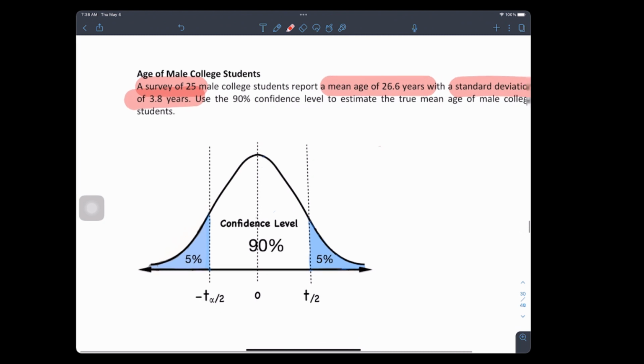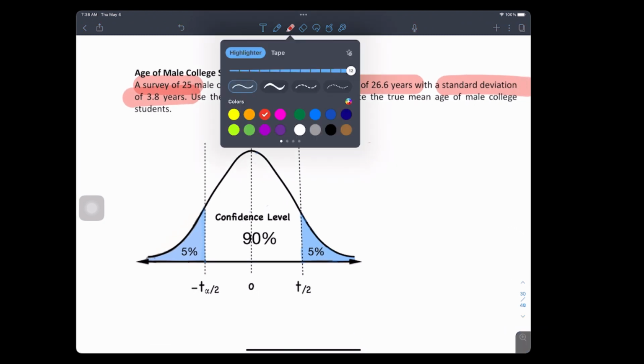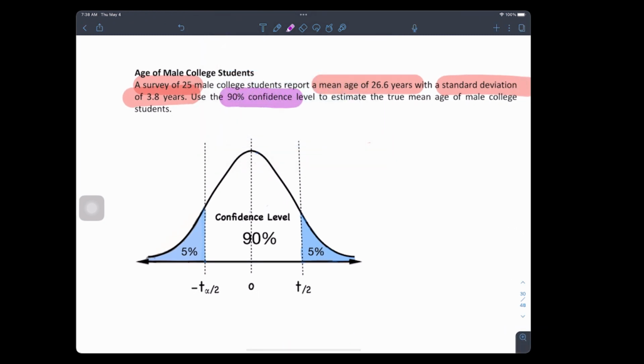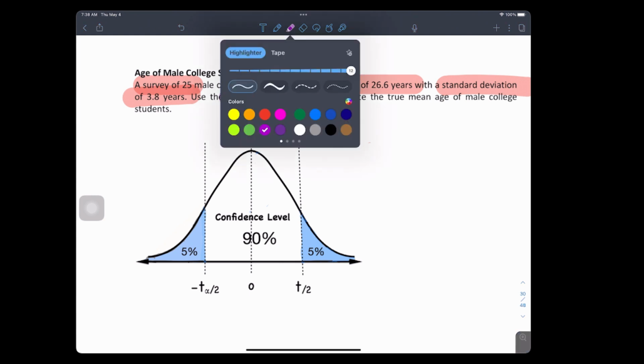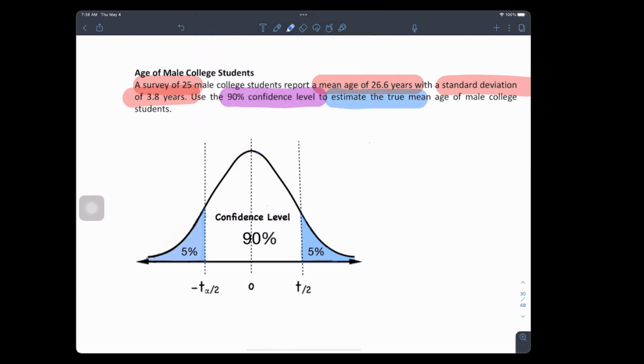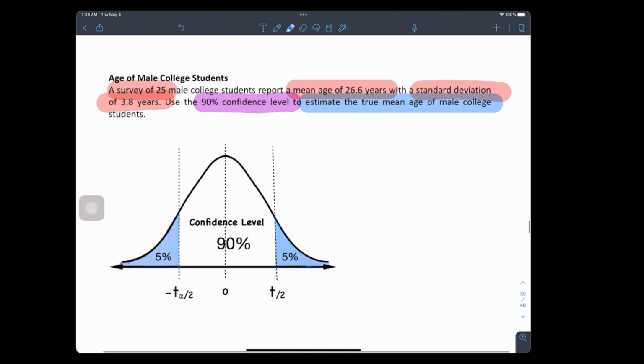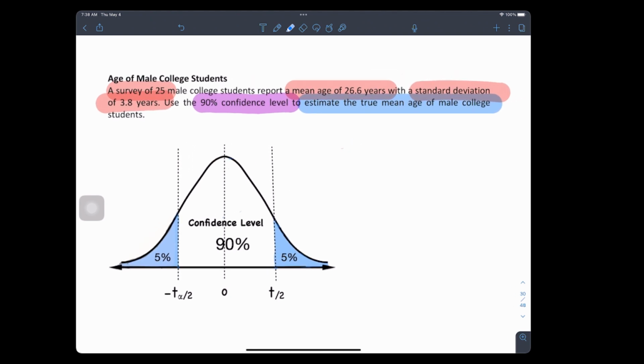Okay? Use the 90% confidence level to estimate the true mean age of male college students. All right. Estimate the true age of male college students. Okay, you guys okay with that?